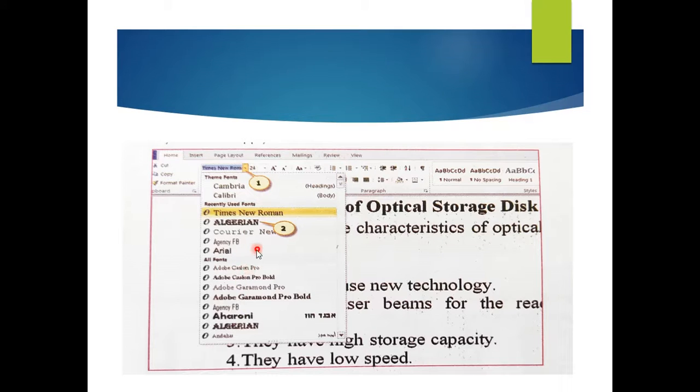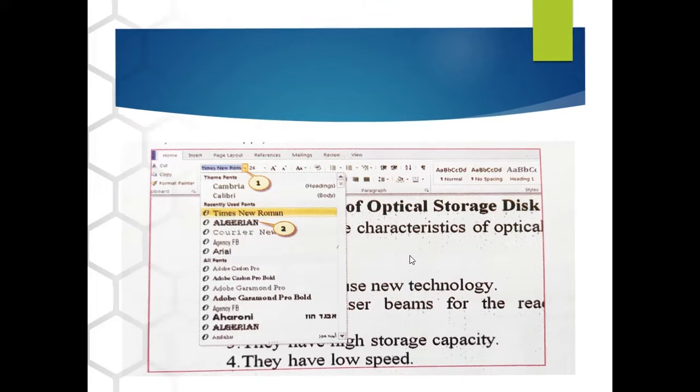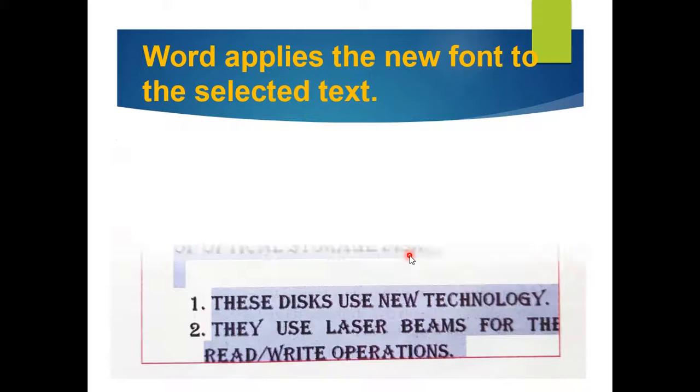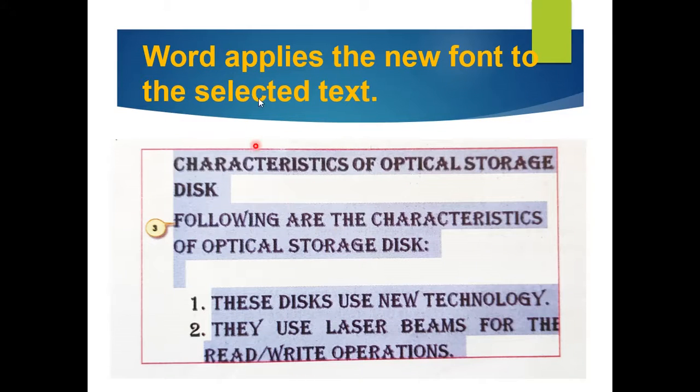According to your need, you can just change the font style. Once you click it, automatically the selected text will get the particular font style. So here you can see the selected text got the new font, as Word applies the new font to the selected text.